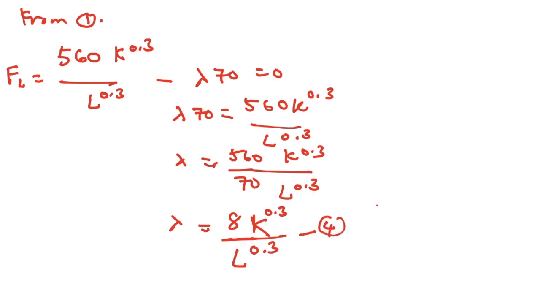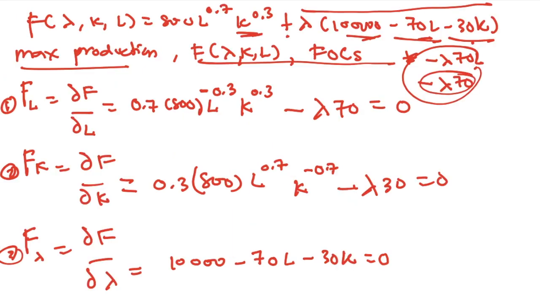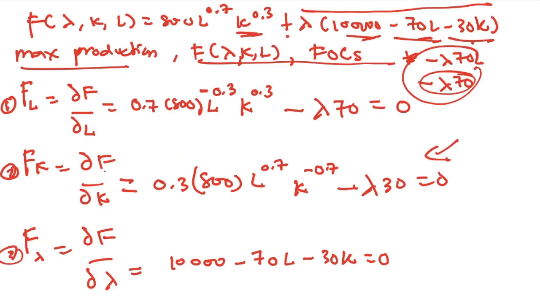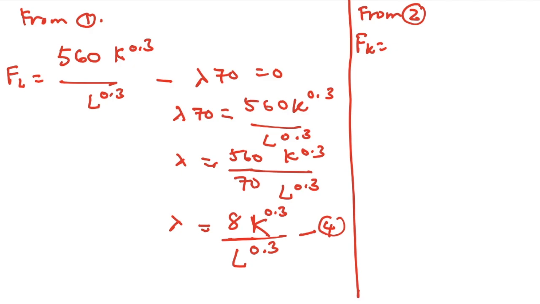Now I can also do the same for 2. From 2, I can rearrange it like number 1 just now. So we have Fk, equivalent to what? You have 0.3 times 800, it becomes 240, yeah?